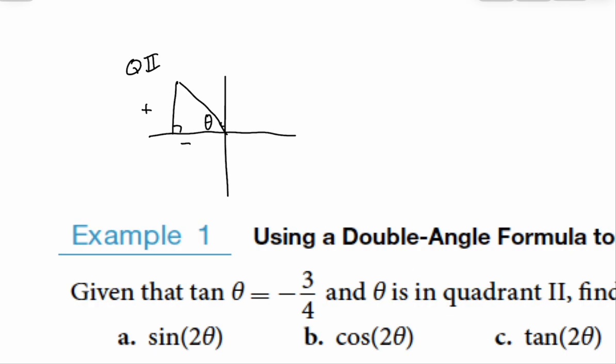Now, based upon what we know about the tangent, we know that the tangent is opposite over adjacent. So we would need to make the opposite 3 the top of our fraction. And then the 4 would be the one that gets the negative on it to make a tangent that corresponds with what we were given.